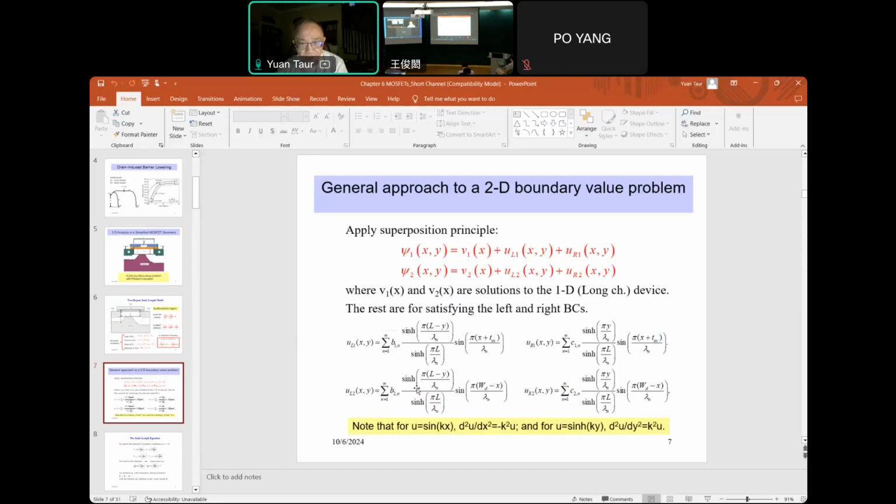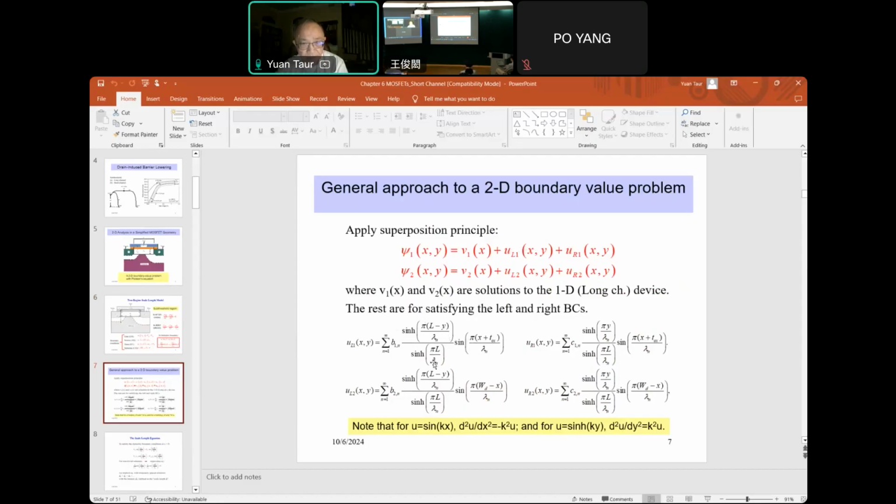Same thing for UL2. So basically, we add those to try to satisfy the source and drain boundary conditions without affecting the other three, the gate, the substrate, and the drain for UL1. UL1 is only non-zero at the source, which means y equal to 0.